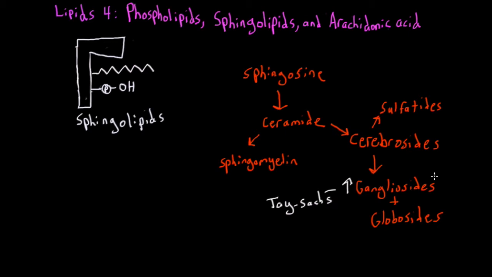Now if we have a buildup of sphingomyelin, we're unable to metabolize sphingomyelin, we're going to get Niemann-Pick disease. And finally, if we have a buildup of cerebrosides here, we're unable to either turn them into sulfatides or gangliosides and globosides, we'll end up with a disease known as Gaucher's disease.